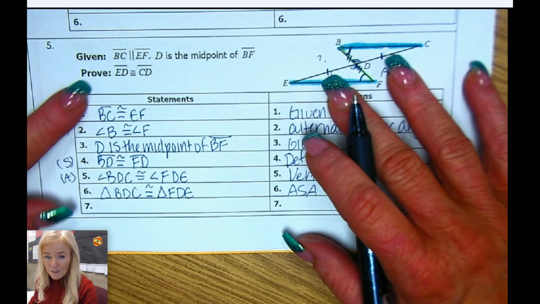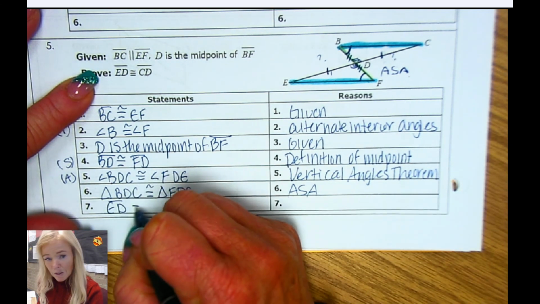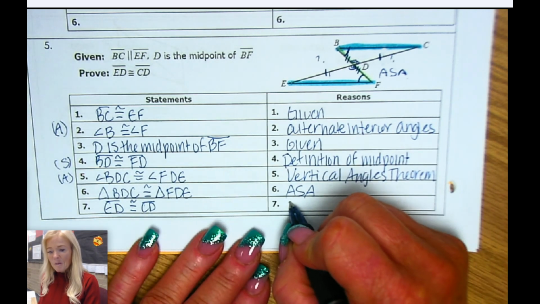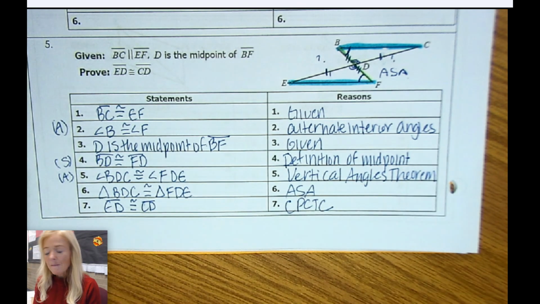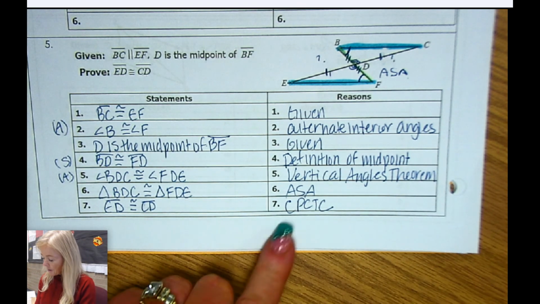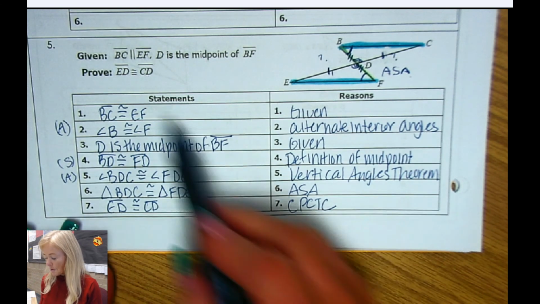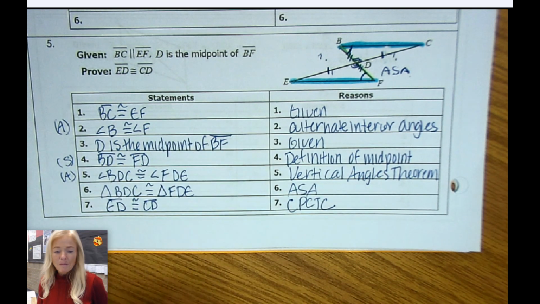So I can actually state that now that I've proven the triangles are congruent. So ED must be congruent to CD. And that's by, remember that CPCTC that we talked about earlier? It was in the first section. Corresponding parts of congruent triangles are congruent. Now we're going to use that as a theorem to prove that two corresponding parts are congruent, given that our two triangles are congruent. And that's proof 5.